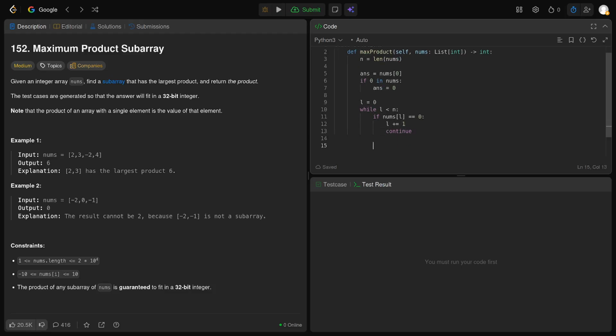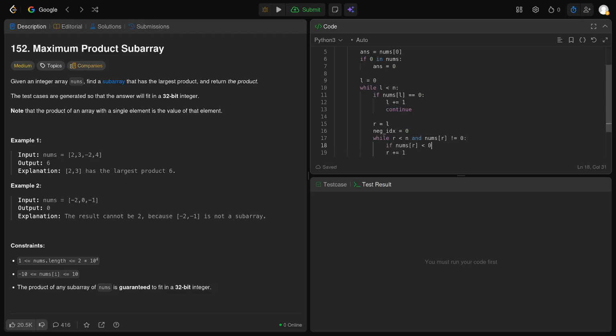Otherwise, if we don't have a 0 there, then R is L, while R is less than N, so we don't get to the end, and it's not a 0 element, right? Then we increase R. So we also keep a negative index.